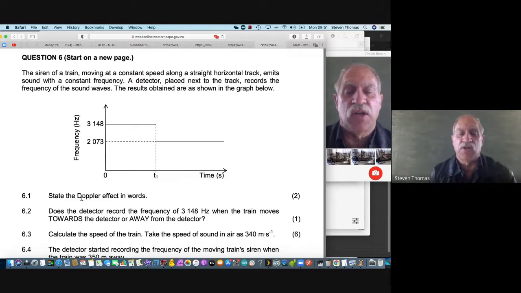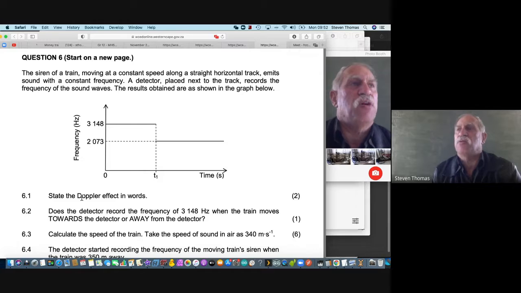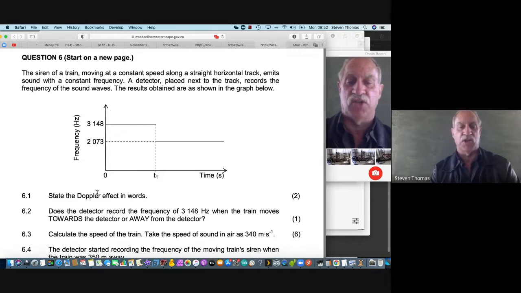It is the apparent change of frequency of sound of a source when it's moving relative to the listener. That sounds like I botched it, but go and check your definition in the memo.